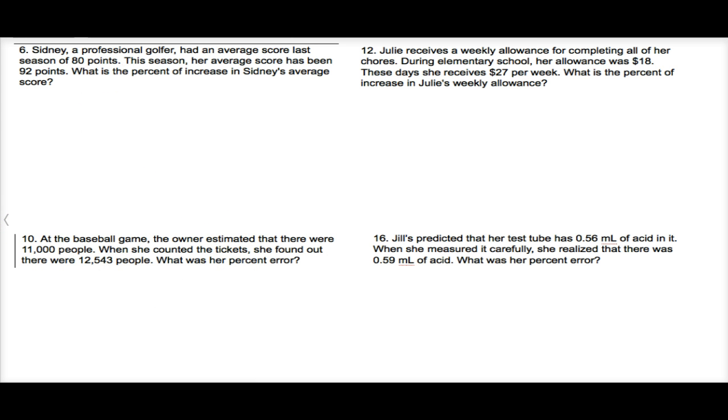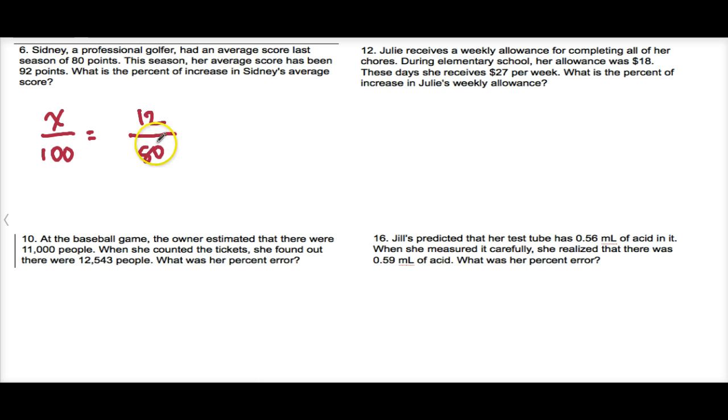So Sydney is a professional golfer and has an average score last season of 80 points. This season her average score has been 92 points. What is the percent increase in her average score? So we don't know the percent, but we know it's over 100. And from last season to this season there's been a 12-point change. So 12 is going to be on the top and our original value is going to be on the bottom.